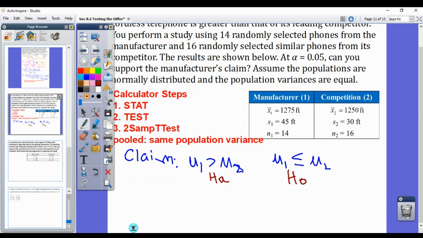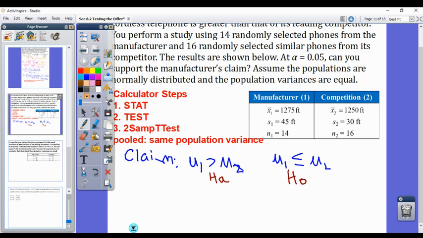So I'm going to hit stat, I'm going to hit test, and then 2-SampTTest. And then you have the option to do data or statistics. And in this case, we have statistics because we have all the information. And then you're pretty much just going to type everything in that you have.